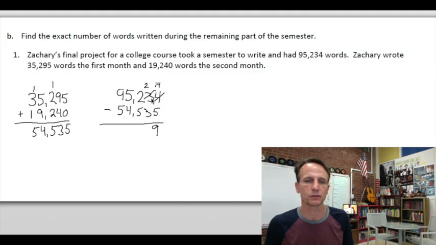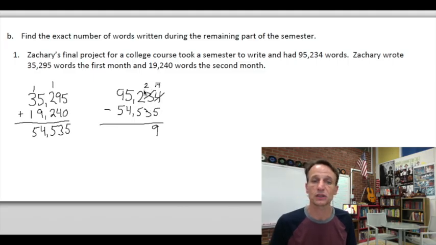We can't take 3 from 2, so we go to the hundreds place, leave 100 there, and bring over 10 tens with the 2 that are already there for 12 minus 3. You got it, 9 again. Okay, and we cannot take 5 from 1, so we go over here, leave 4 of those thousands, bring over 10 hundreds to the 100 still there.